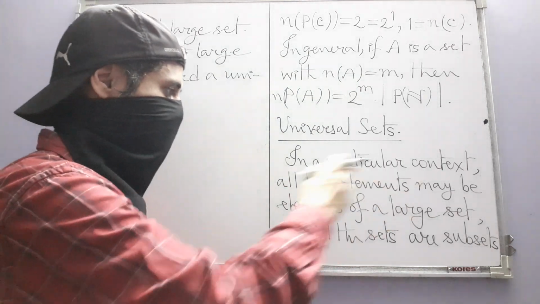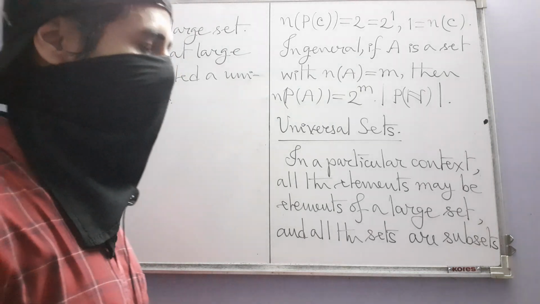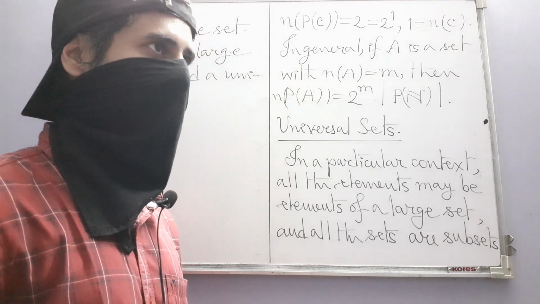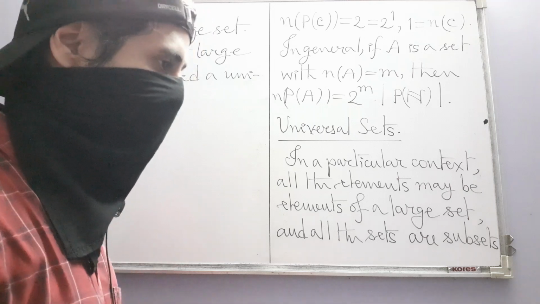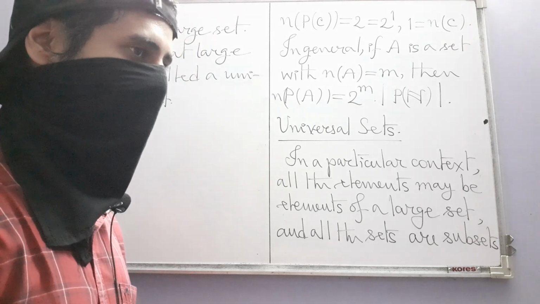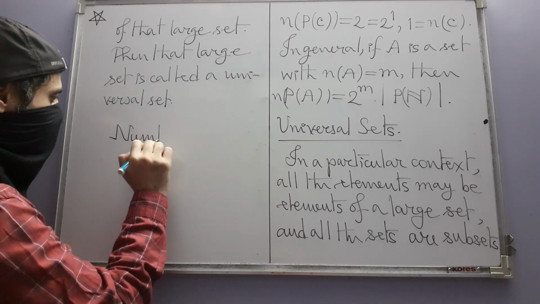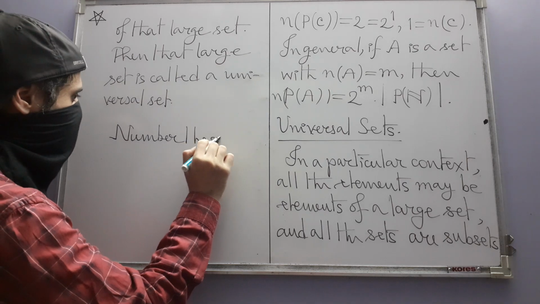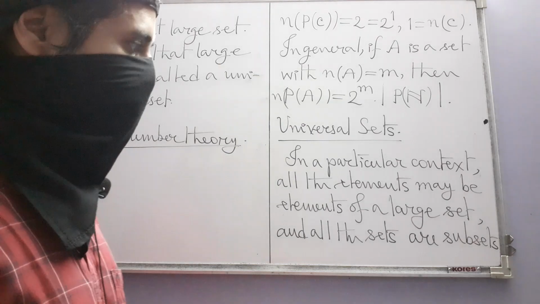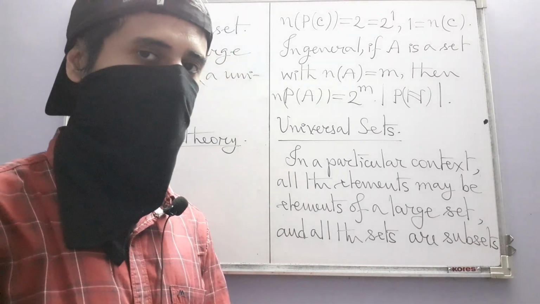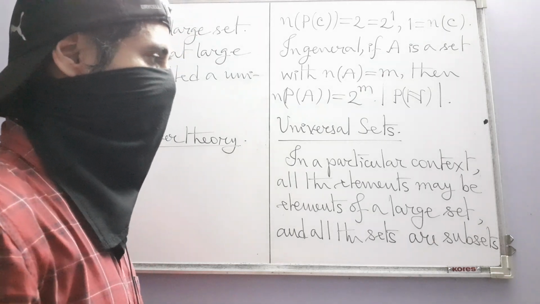Now, simply reading this, it may sound a little confusing. So, what this paragraph is saying is that, say you are having some kind of discussion about some particular thing. Say you are discussing number theory. It's an area of mathematics which at the most elementary level talks about integers and their divisibility, prime numbers.